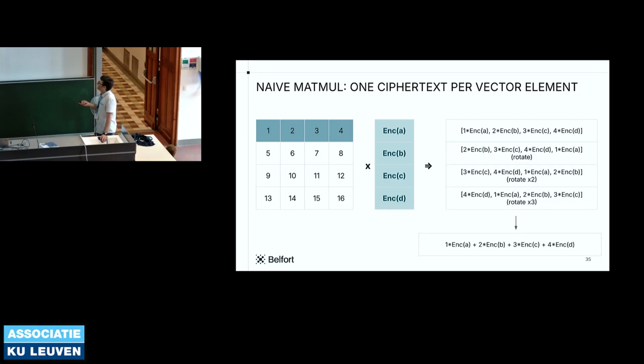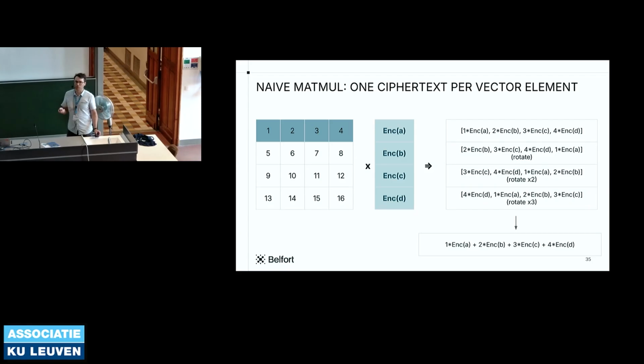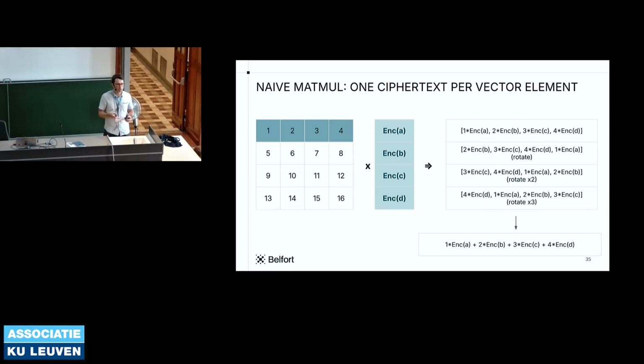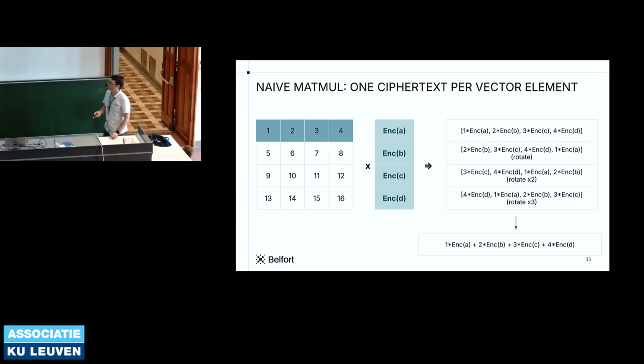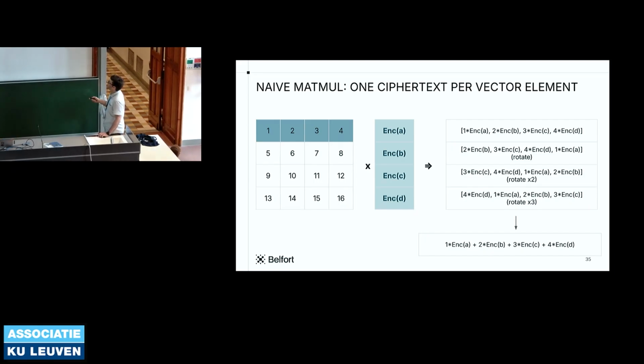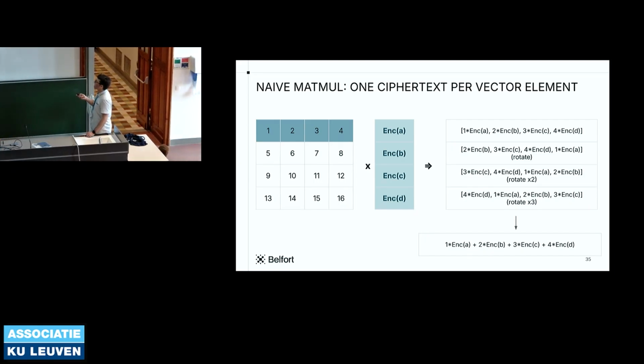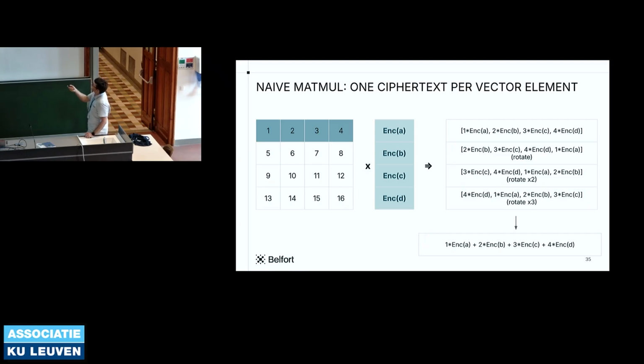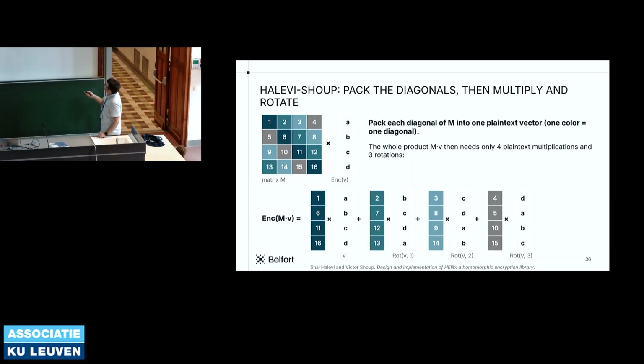The point that I want to make is that this is going to be very expensive in terms of rotations and multiplications, right? Our computational model is that additions can be considered more or less free, but multiplications and rotations are very expensive, so you would like to minimize them. One way you can do this is a clever packing of this matrix, what is called the Halevi-Shoup packing or the diagonal packing.